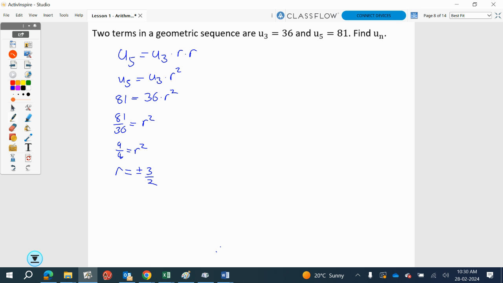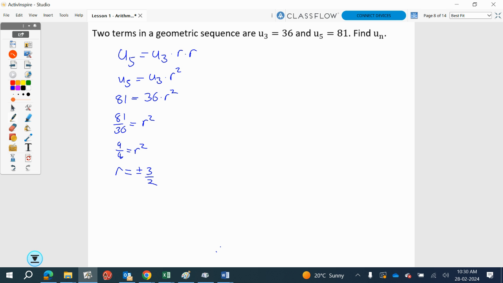If you have a geometric sequence which alternates positive, negative, positive, negative, then you're going to have a negative ratio. If you multiply by a negative, it will change the sign every term. It'll be an alternating sequence. An alternating sequence has a common ratio which is negative. It will go plus, minus, plus, minus.